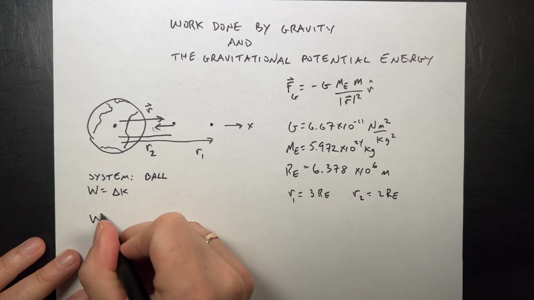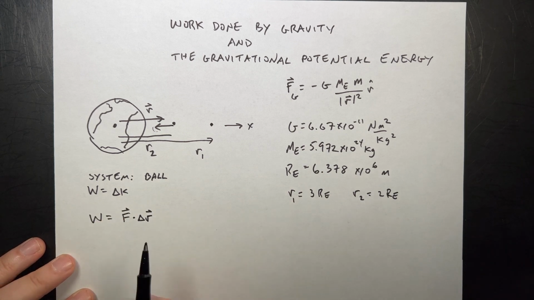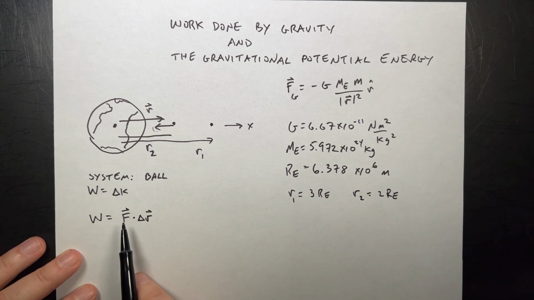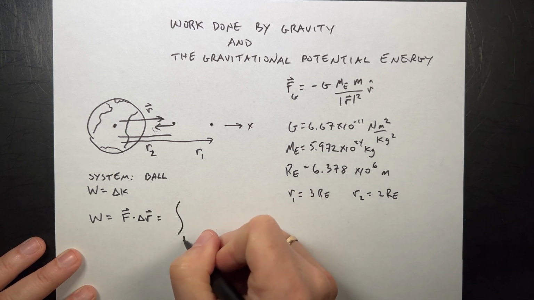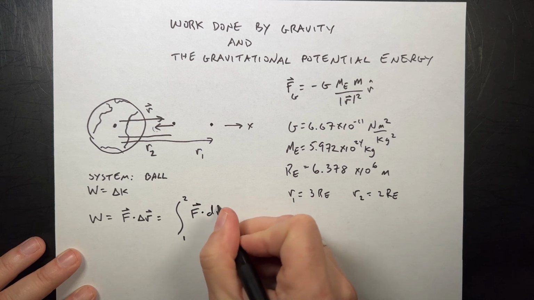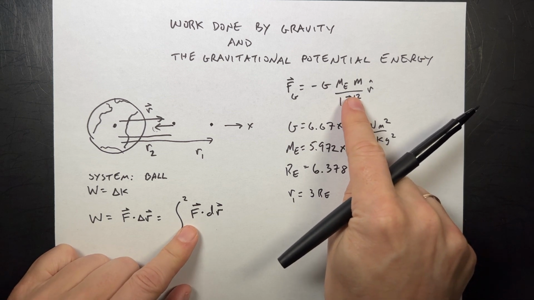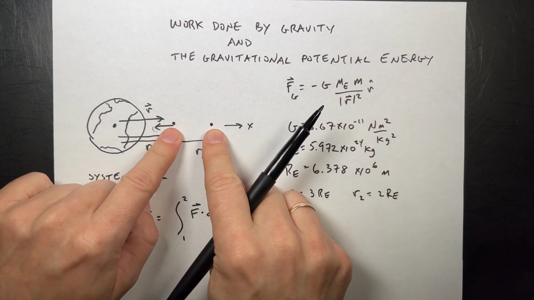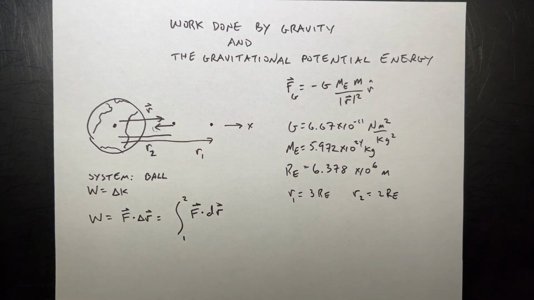In general, I would say work is F dot delta r, but if the force or the displacement is not constant in direction, then we can write this as the integral from point 1 to point 2 of F dot dr. And so now we have to do an integral because our force is not constant. So we're going to integrate the work done by gravity going across this thing. And then we could use that to find the change in kinetic energy, which I honestly don't really even care about. Okay, so let's do this integral.